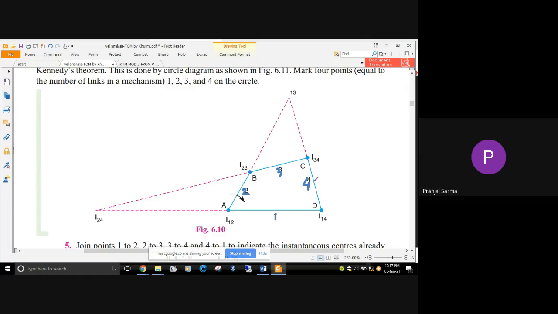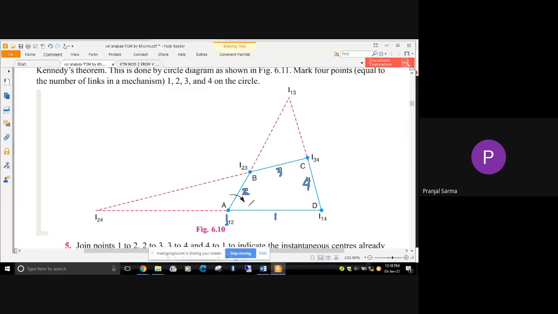Who can tell me? For a pin joint or hinge joint, the location of the instantaneous center? No one? The location of the instantaneous center is at the pin itself, at the center of the pin.